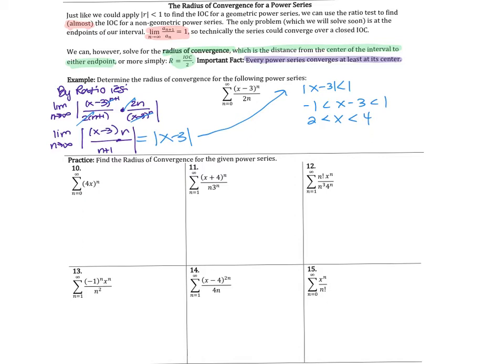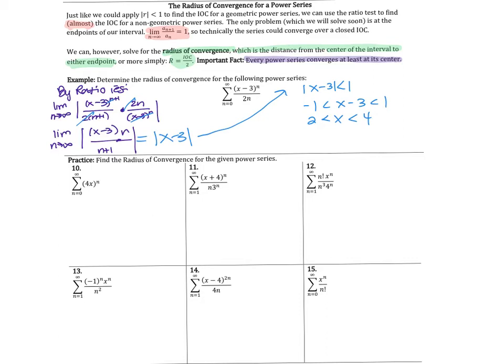Okay, so here's what I was mentioning before, but I'm going to try and show you a little bit more. It is possible that this series could actually converge at those endpoints, and we are going to talk about that in a later section, which is why for right now I'm not going to ask you what the interval of convergence is.